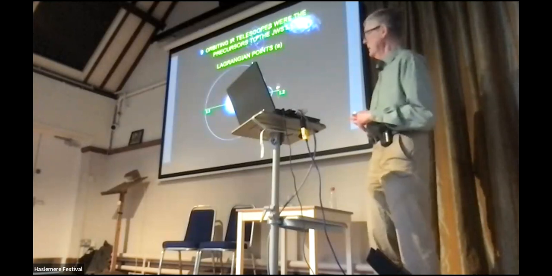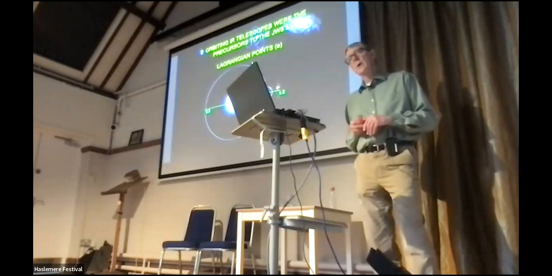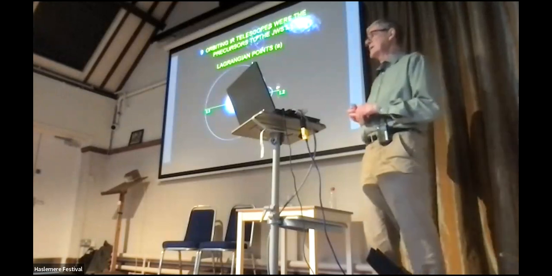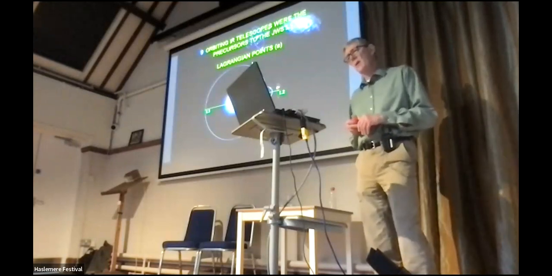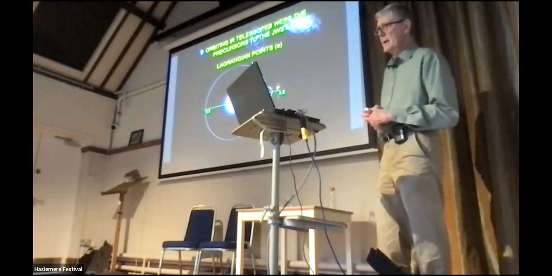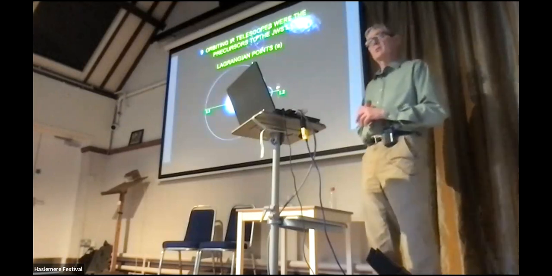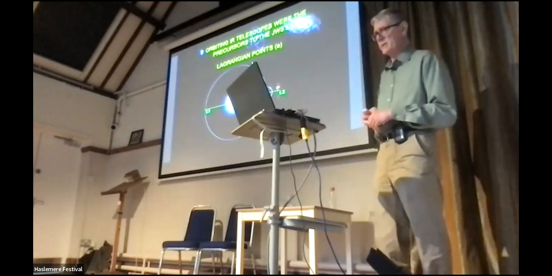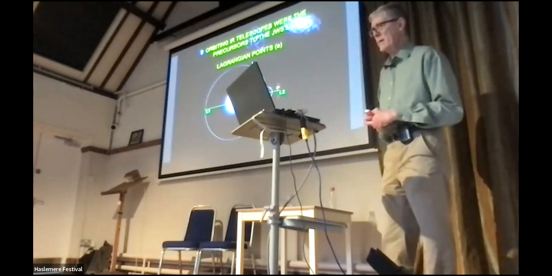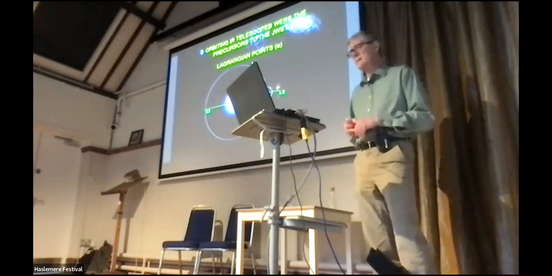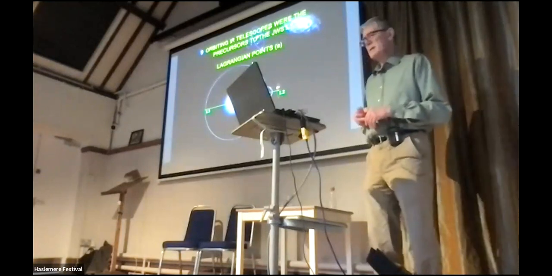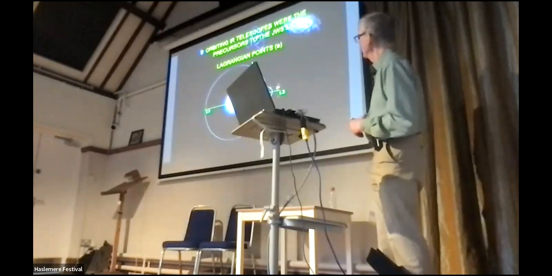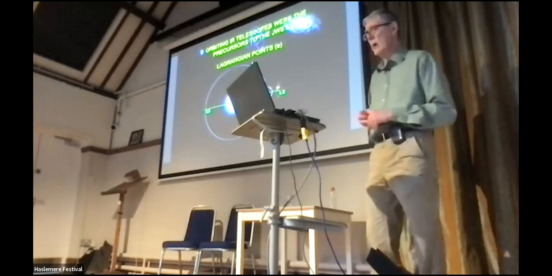Now, there are other areas where you end up with a similar effect, where the gravitational pull of the bodies involved balance each other out. And these are called Lagrangian points after, I think it's Jean-Louis Lagrange, one of the famous French mathematicians. And there are 5 of these. There's obviously one between the Earth and the Sun, that's L1.